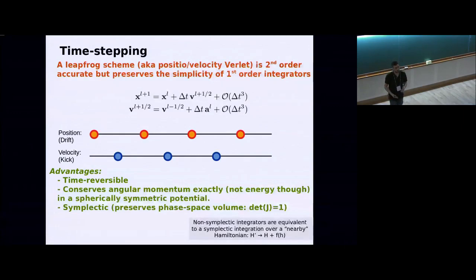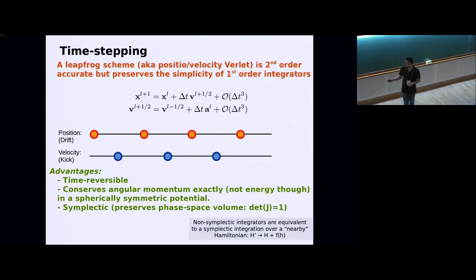This is very different to Euler or the other integrations, where the orbits can actually diverge. And you can see that, for instance, energy and momentum are conserved much better when you use these symplectic integrators. On a more technical note, you can demonstrate that all the other time integrators, the forward Euler and Runge-Kutta of any order, are actually the symplectic solutions to a nearby Hamiltonian.